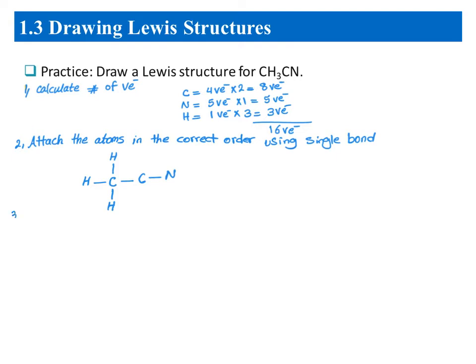Then what we need to do is to find the number of electrons used in single bonds and calculate the number of remaining electrons.